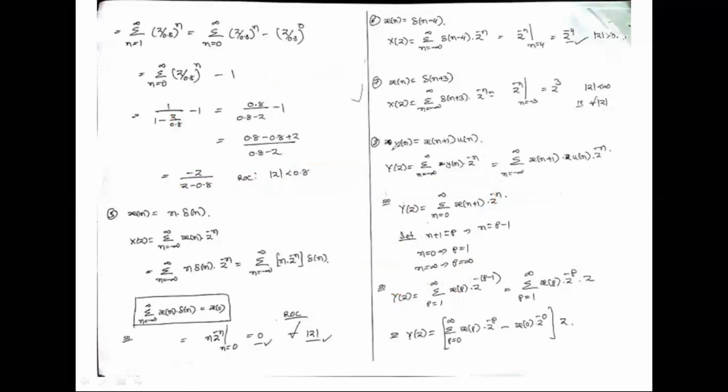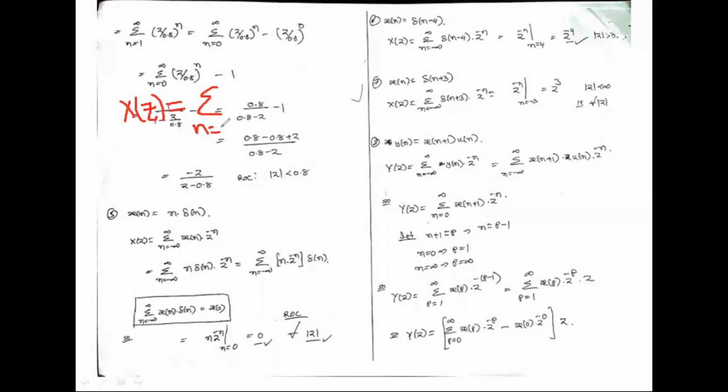Coming to y of n here, another example, x of n plus 1 into u of n. Now I am checking the given function by substituting the z transformation definition.